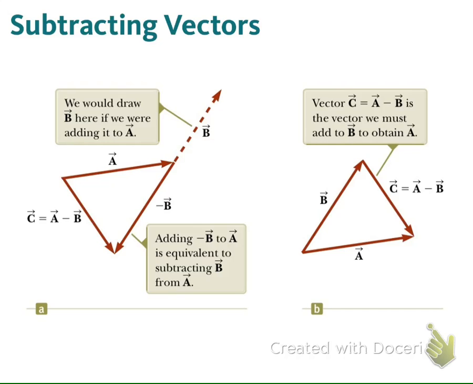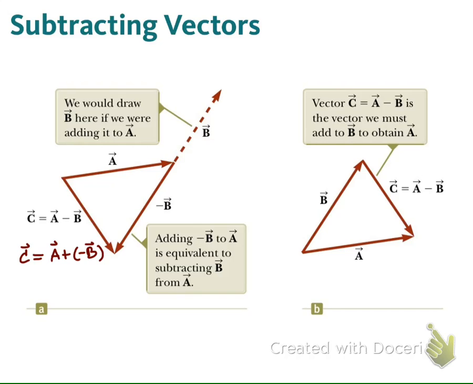When we say R is equal to A minus B, it means that we add A with the negative of B. So if you look at this figure, if we say that C is equal to A minus B, it means that C is equal to A plus minus B. So we know the definition of minus B, and we can have the subtraction of two vectors.